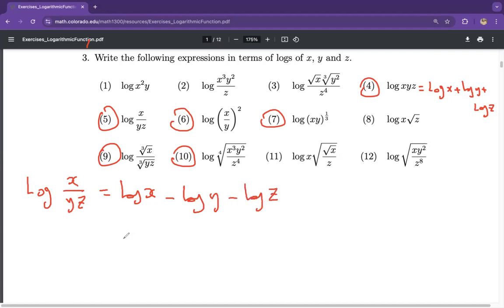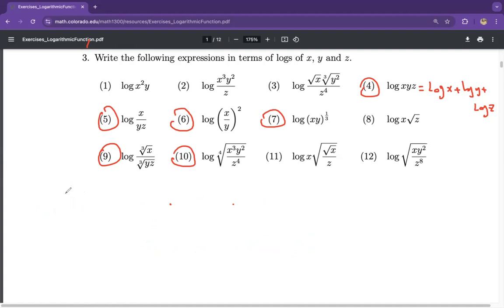Even if you want to go through the details, you could say, okay, this is log x minus, and because y z is on the bottom, then you open brackets, they're multiplied, the y and the z, so it's going to be log y, log z like this, but you're still minusing the whole thing because of the division sign right here. But the best way to remember it is that anything on the bottom takes a negative. And you get log x minus log y minus log z.